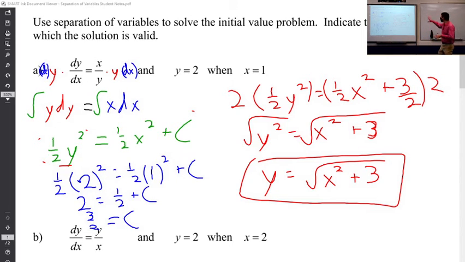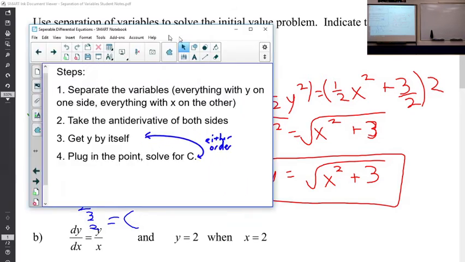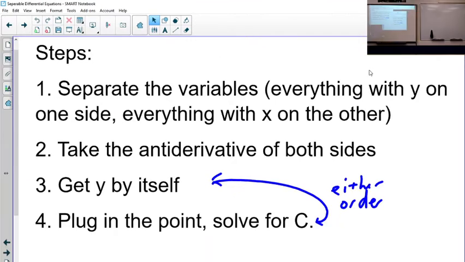So before I go through the next problem, I want to show you the step-by-step process here. For those of you who are fans of writing down numbered lists of steps, here it is. Separation of variables. We start by separating the variables.